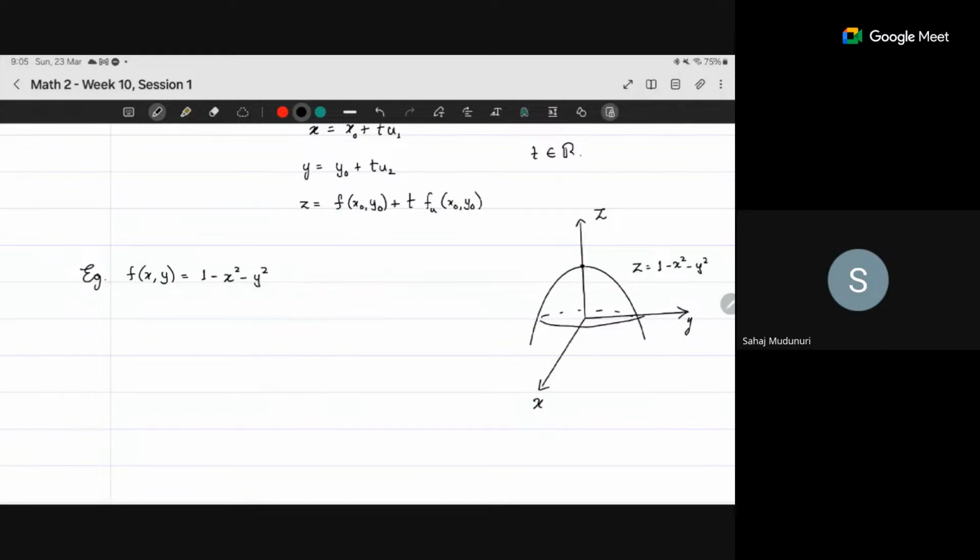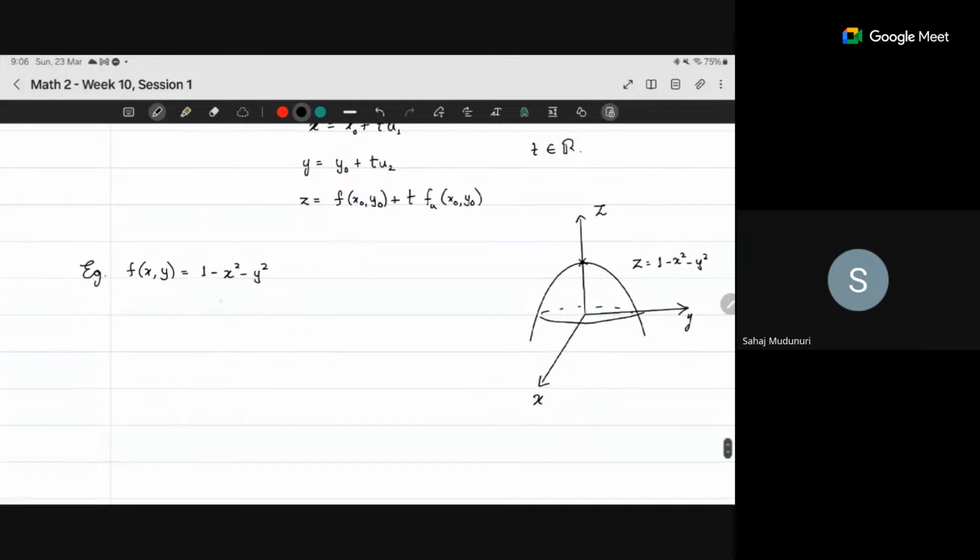So let's look at all the tangent lines at the apex. What is the apex of this paraboloid? 1 comma 0 comma 0. Sorry, 0 comma 0 comma 1. 0 comma 0 comma 1 is the coordinates of the peak.